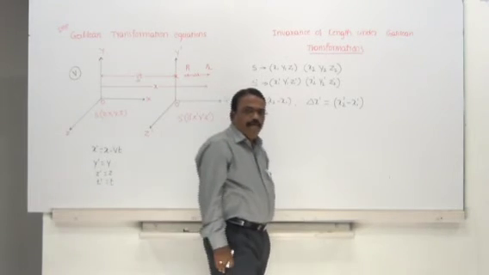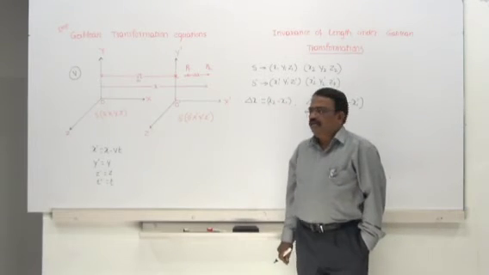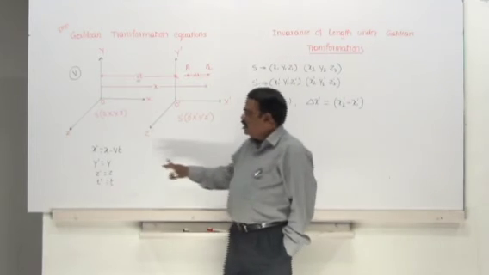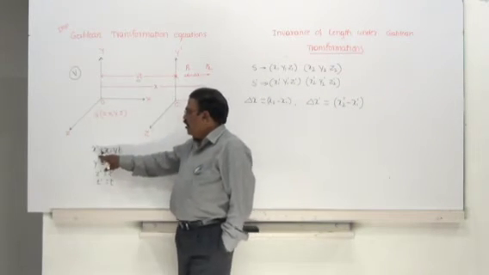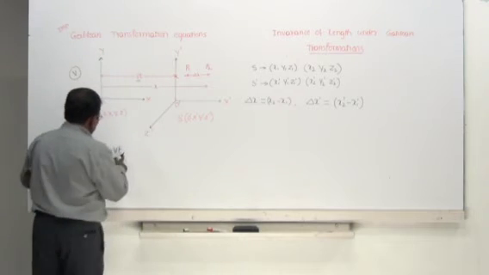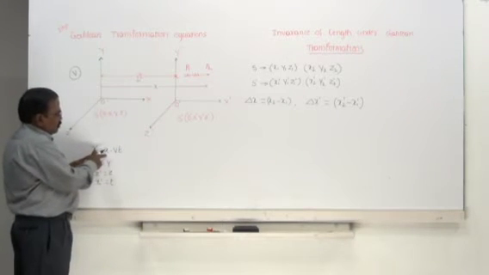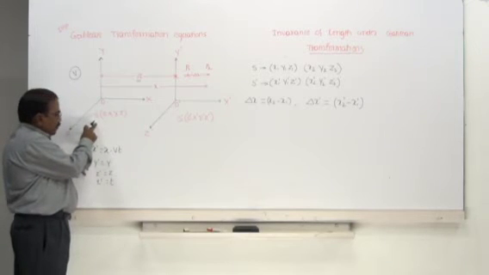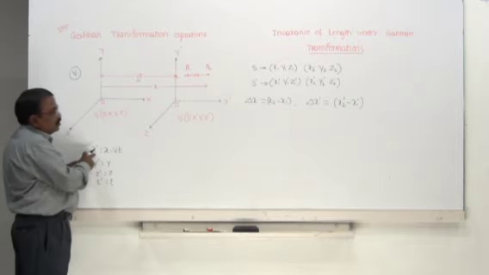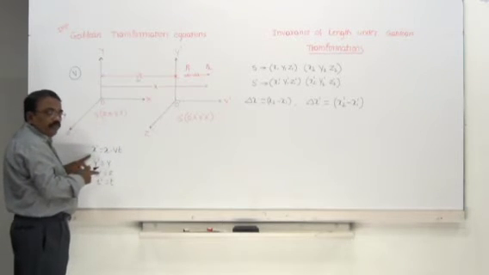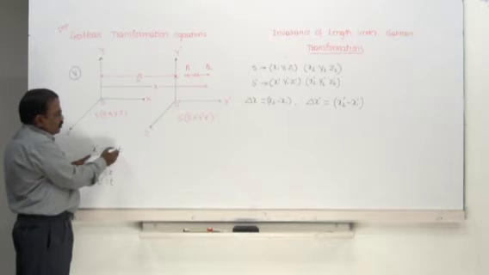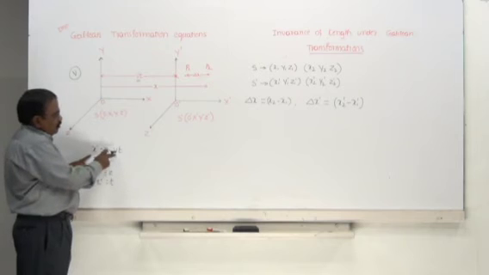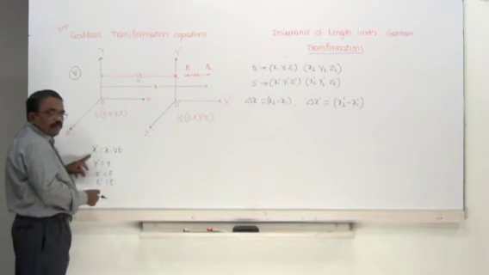Now we have to apply Galilean transformation equations. You know that your Galilean transformation equation is x dash is equal to x minus vt. X is the coordinate in S frame, x dash is the coordinate in S dash frame, v is the velocity with which this S dash is moving, and v into t is a distance.